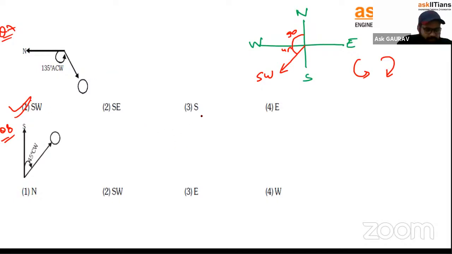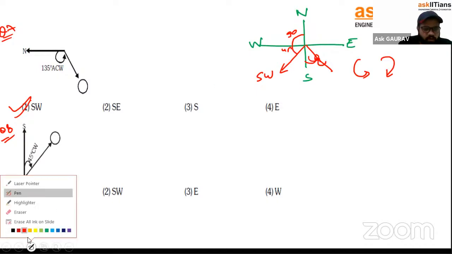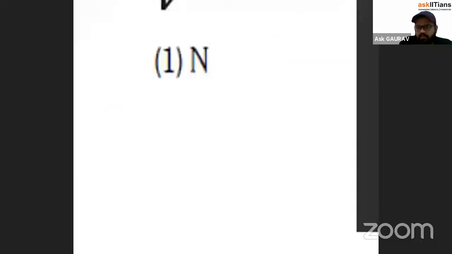Okay, question number 8. You are at south, you are moving 45 clockwise. Clockwise this direction, you will reach southeast. Sorry, this is not right.